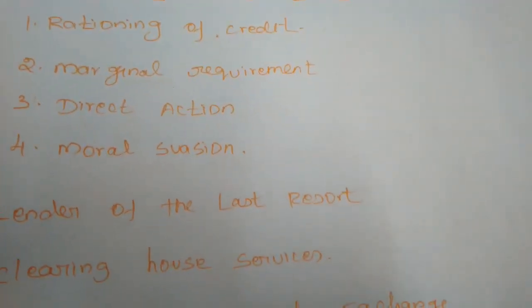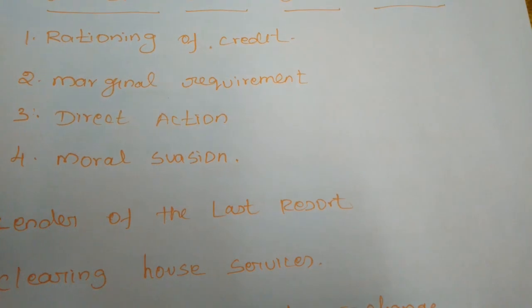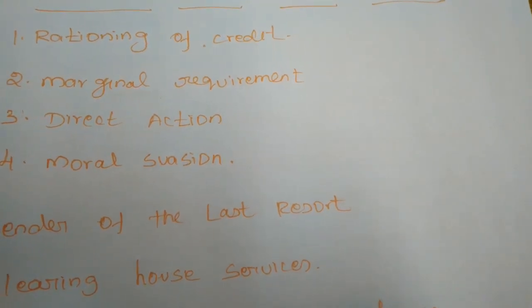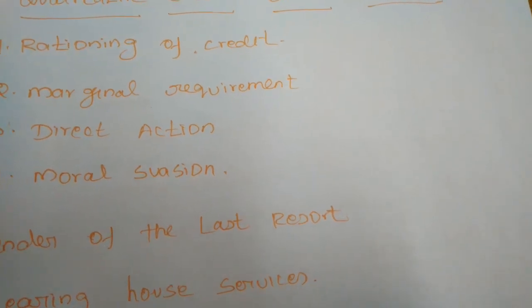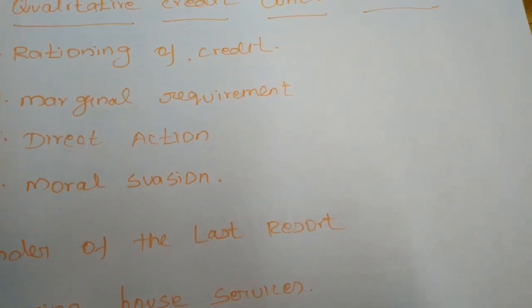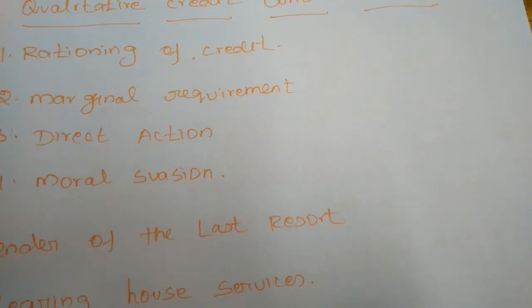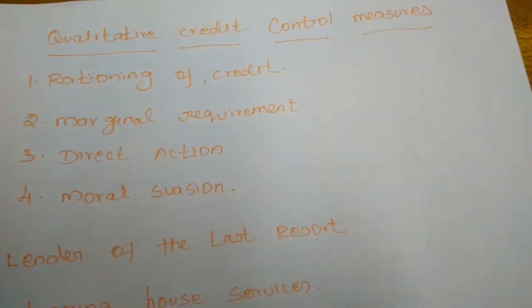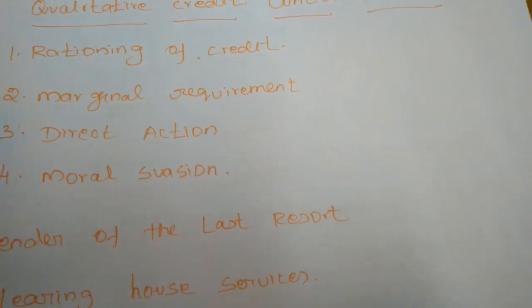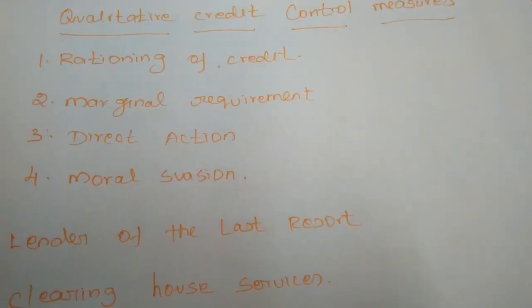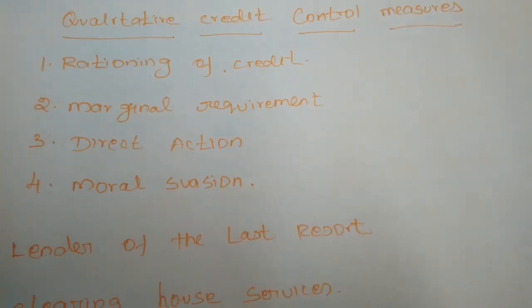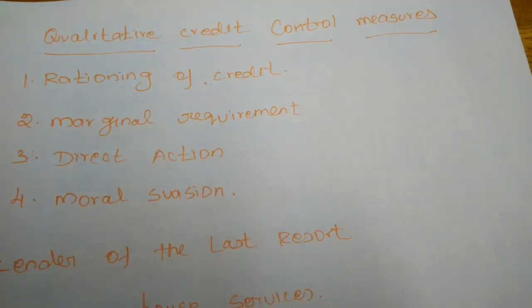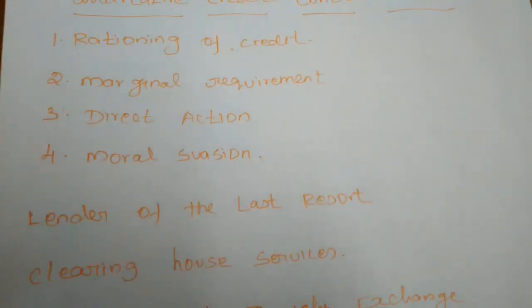Next, moral suasion. Under this measure, the Reserve Bank of India puts pressure on the banks towards liberal or restricted lending during certain periods. The RBI will force the commercial banks to provide or reduce the credit amount on the basis of the inflation time and the deflation time.